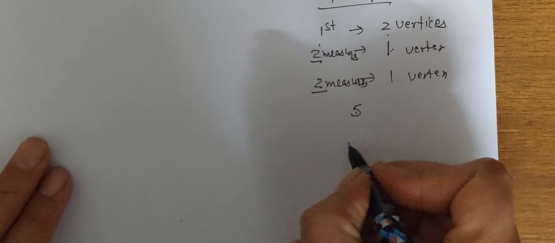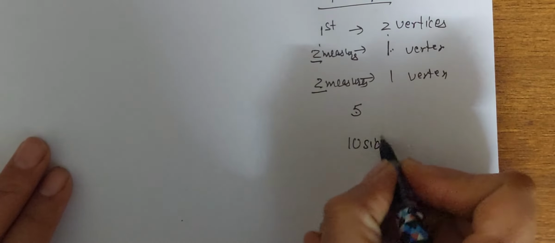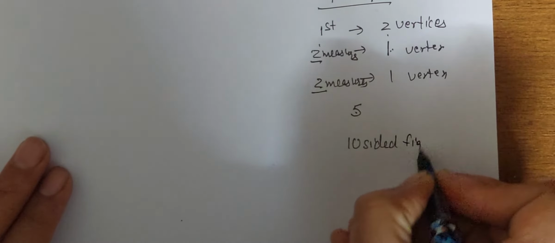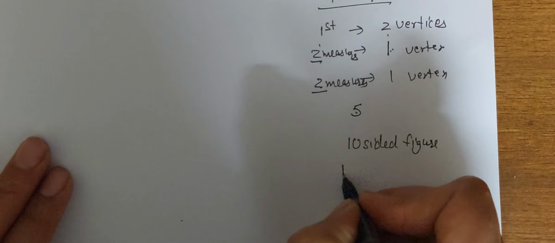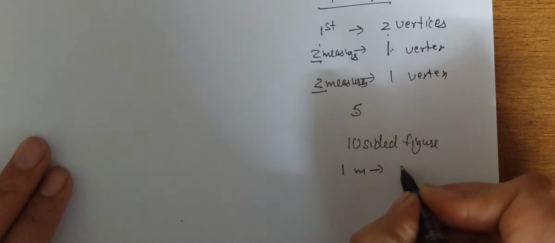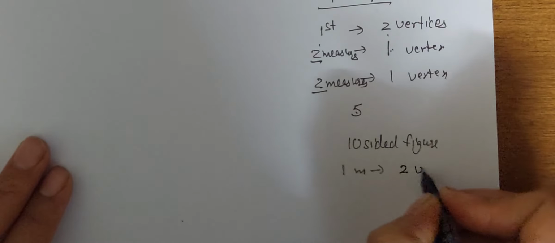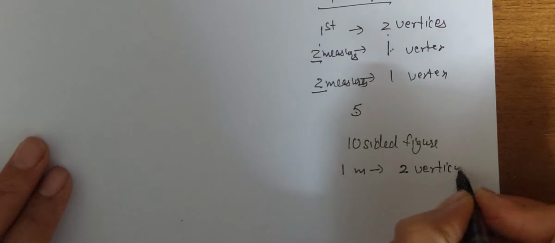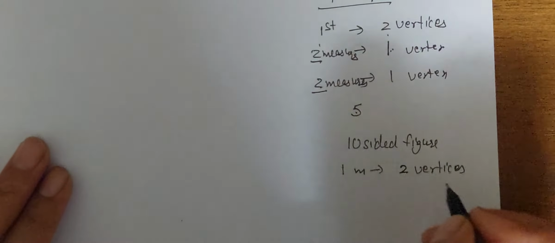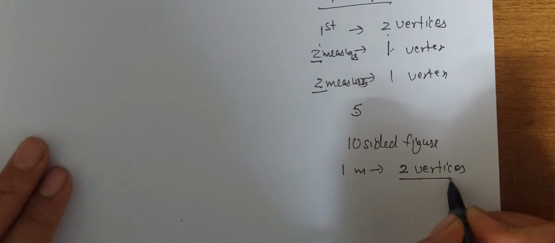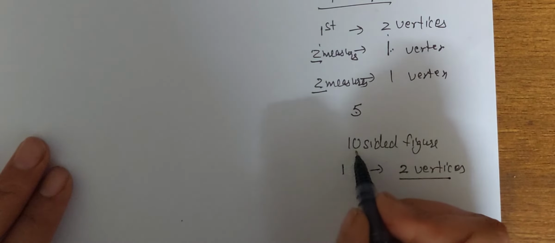Okay, so if we have a 10-sided figure, with 1 measure we will locate how many vertices? 2 vertices. The moment we draw AB, we get A and B both, means 2 vertices. So how many vertices are left?